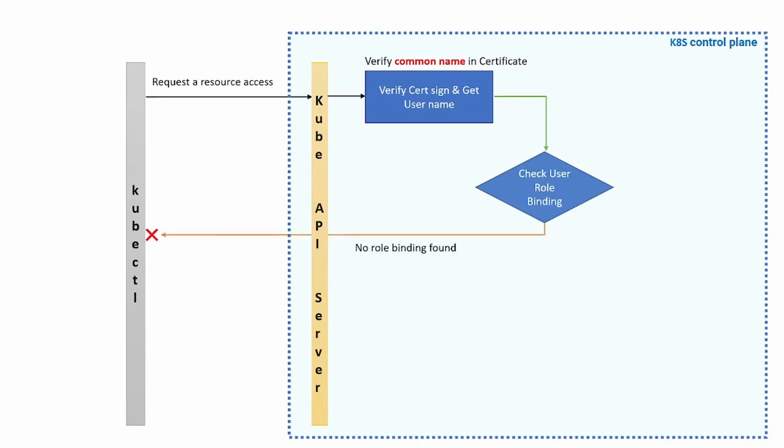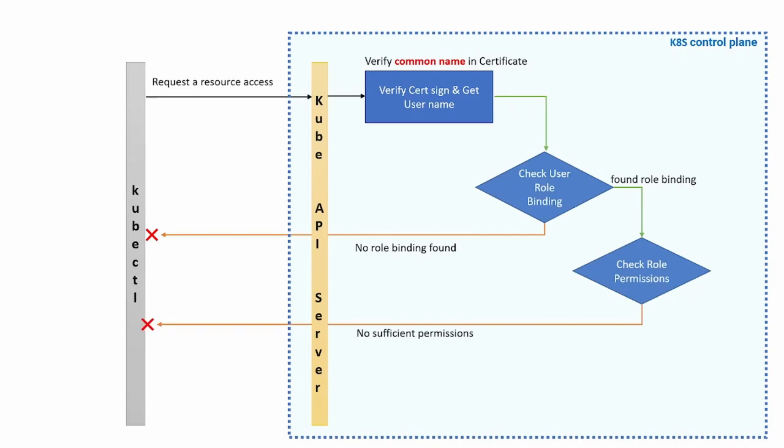If such a role binding is not available, it will just give back an error message to the client application. If the role binding is available, it will check which role is associated with the role binding. In this role, all the permissions are defined, and it will match whether the requested resource access is allowed for this particular user using this role.